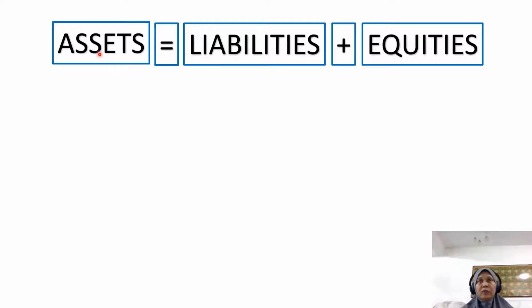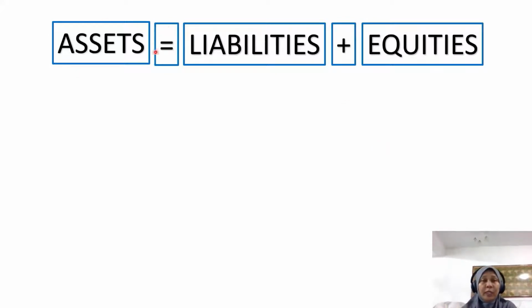Usually the issuance of shares will involve bank accounts, similar to the issuance of debentures, where the company would receive a certain amount of money from the issuance of shares and debentures.